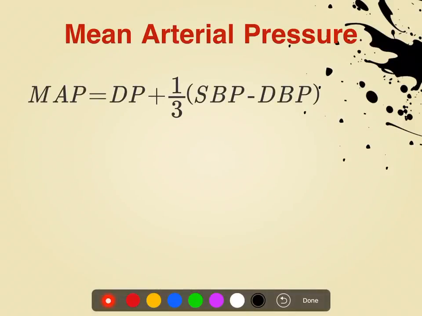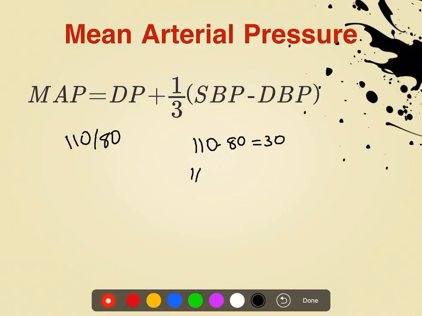This is how it's calculated. So your mean arterial pressure is equal to your diastolic pressure plus 1/3 the difference between your systolic blood pressure and your diastolic pressure. So let's take a look at this. If I had a blood pressure of, let's say, 110/80, well, the difference between 110 minus 80 is equal to 30.